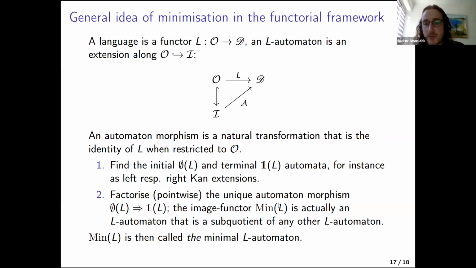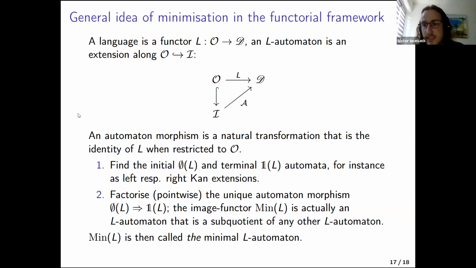And actually, this functor through which the factorization happens is itself an extension of L along the inclusion of O in I. And therefore, you have an automaton. And this automaton is actually a subquotient of any other automaton. And this is why we call it the minimal automaton.